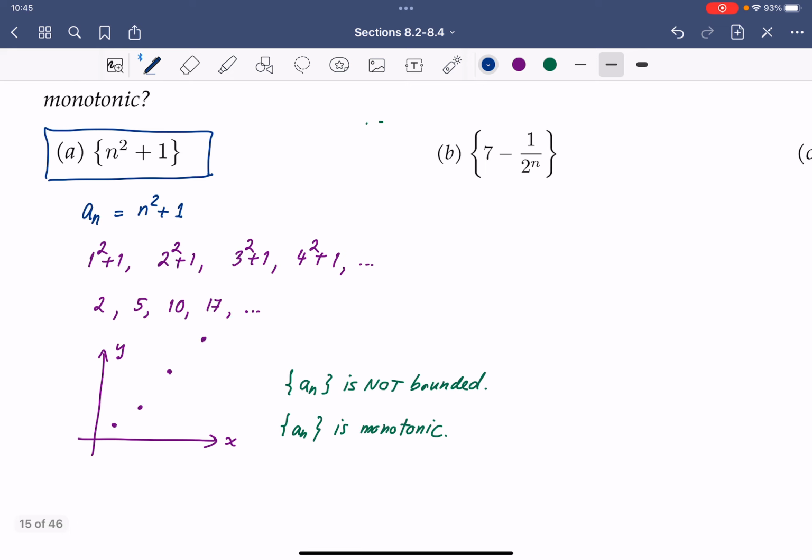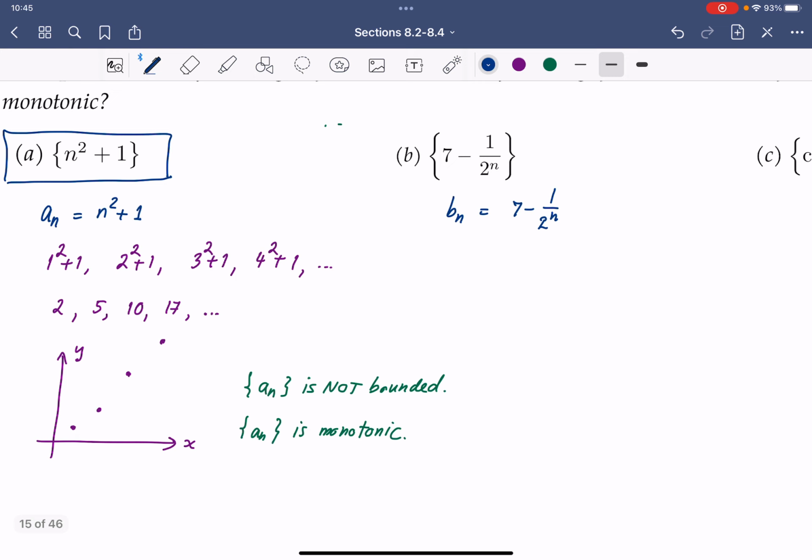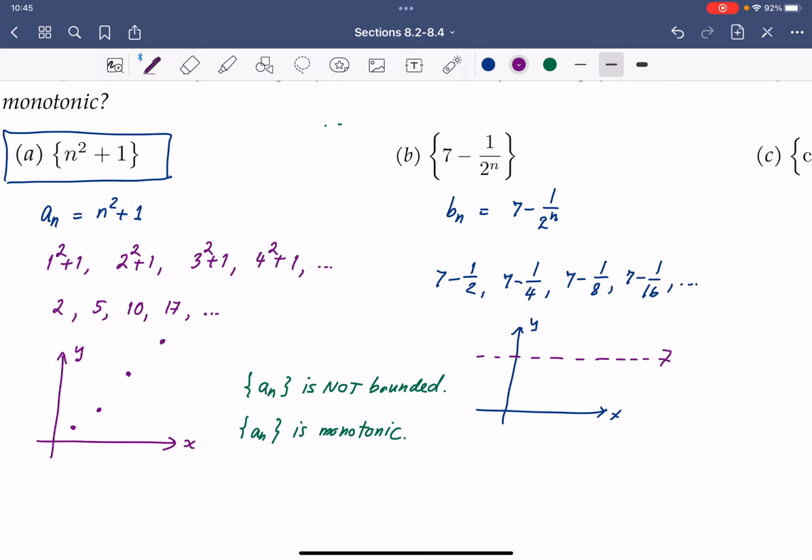All right, next one, b. Let b_n be 7 minus 1 over 2 to the n. So b1 is 7 minus 1 half, b2 is 7 minus 1 over 4, b3 is 7 minus 1 over 8, and b4 is 7 minus 1 over 16. If you draw a graph here, you're going to have the line y equal to 7.